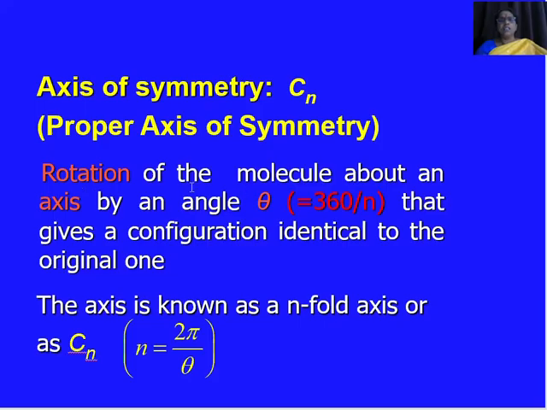It is rotation of the molecule about an axis by an angle theta, which is equal to 360 divided by n. That gives a configuration identical to the original one, and the axis is known as n-fold axis or Cn, where n is the order, which is equal to 2 pi divided by theta or 360 divided by theta.